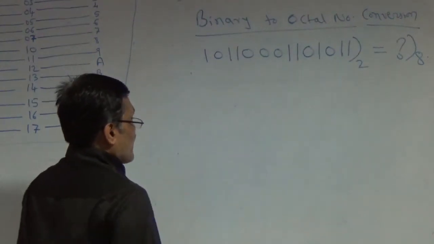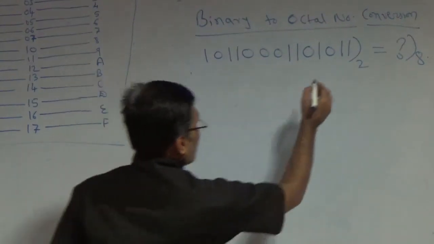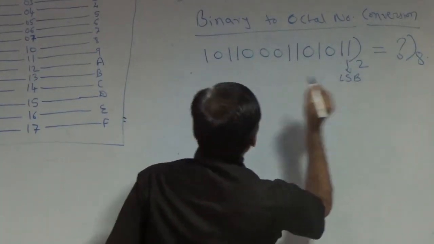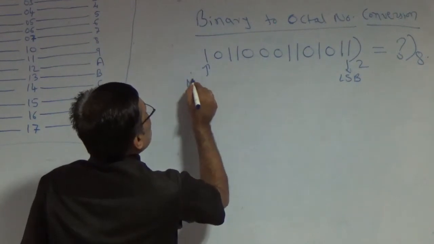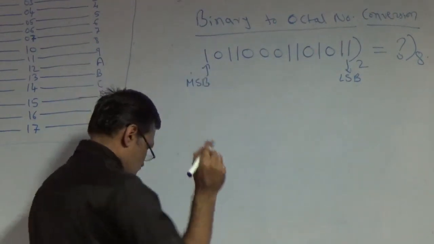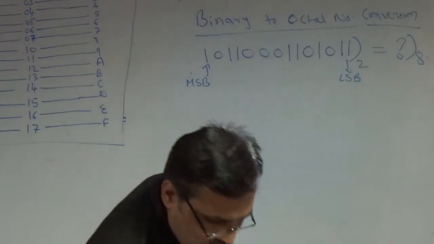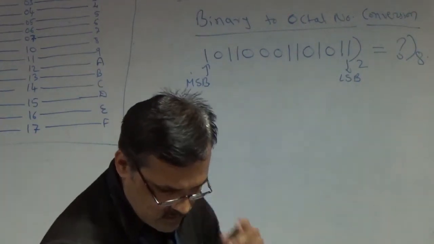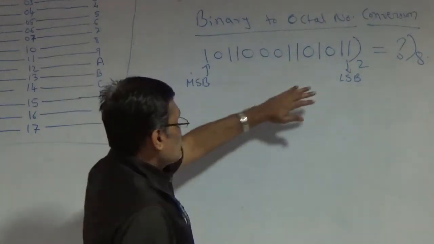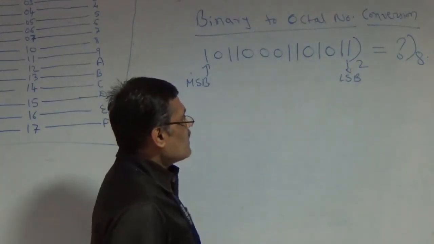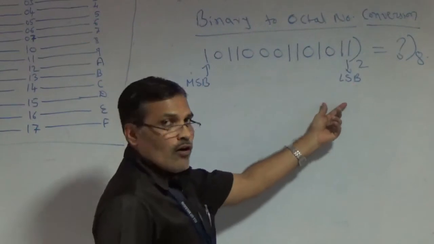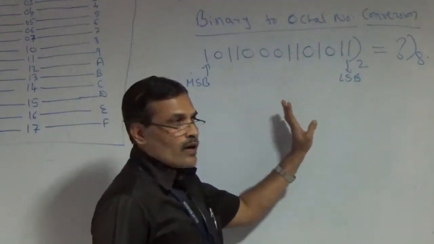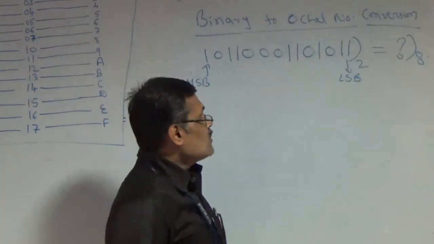So in this particular case, this is our least significant bit and this is our most significant bit. Now consider the given number and make groups of these binary bits starting from the LSB.